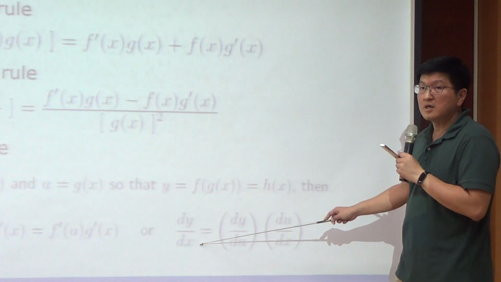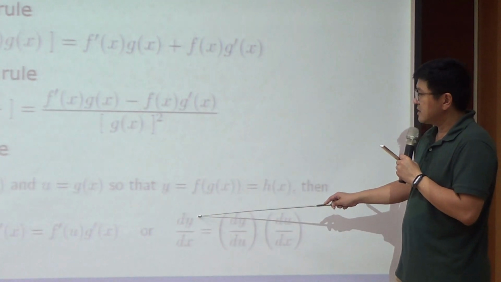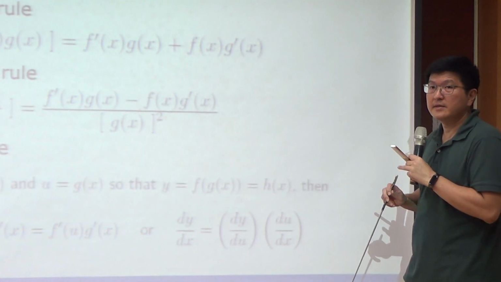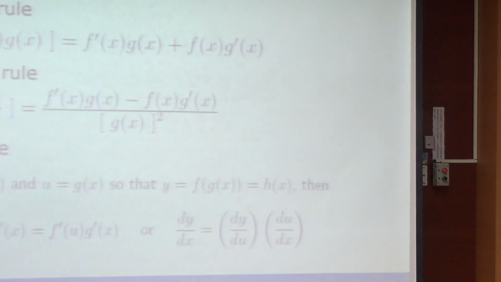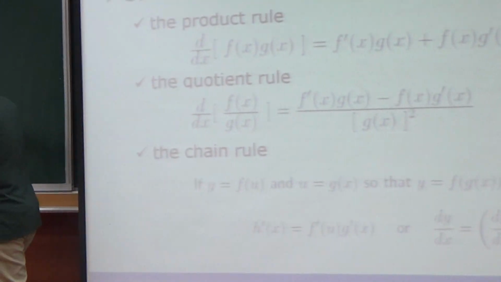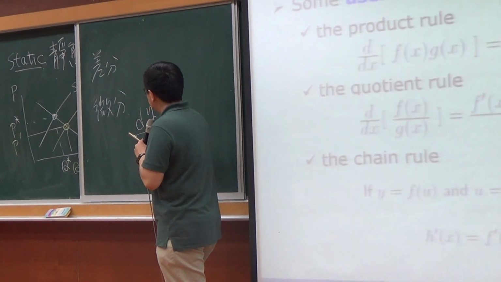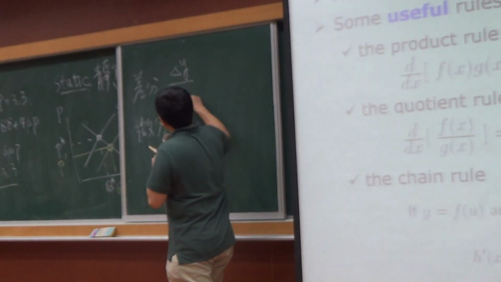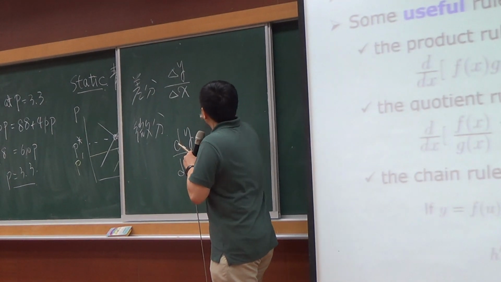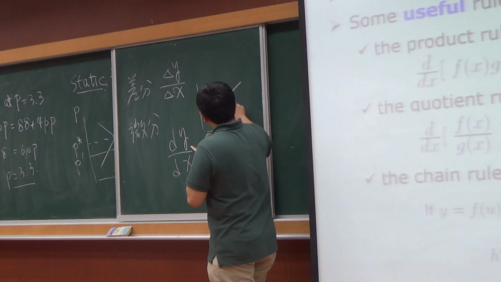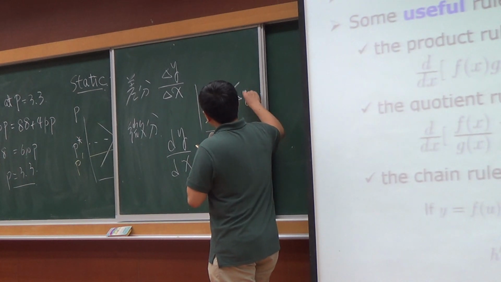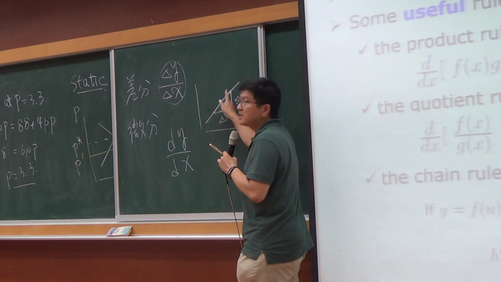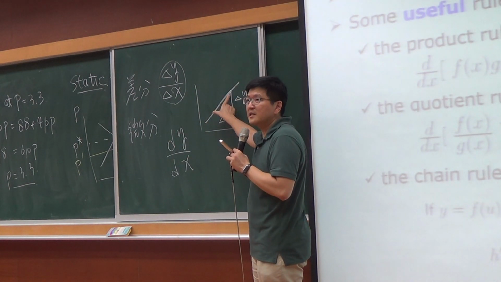A unit change in x, and this is the unit change in y. Okay? So when we say dy over dx, it's just something like delta y over delta x. So if this is delta x and delta y, you know this will be the slope of this segment, right?